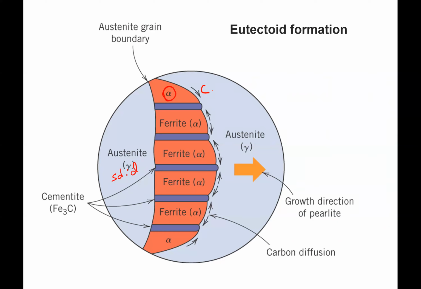And so this is representing carbon trying to diffuse away from the growing ferrite front, and it's moving into the iron carbide, which now needs a lot of carbon. It needs 6.7% carbon exactly. So again, you get this cooperation, but because of the slower diffusion, you get a much finer scale.